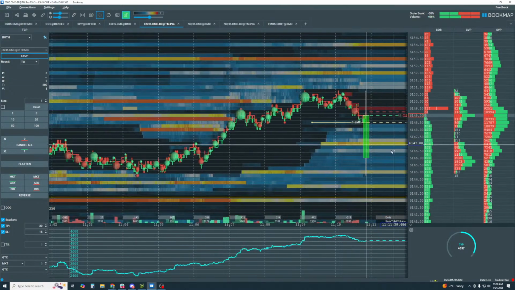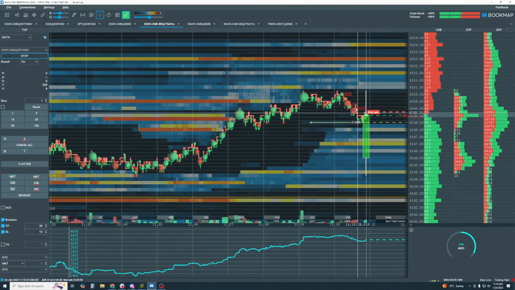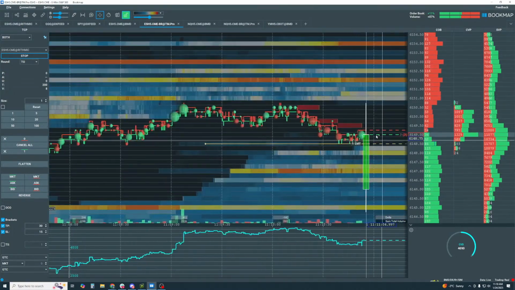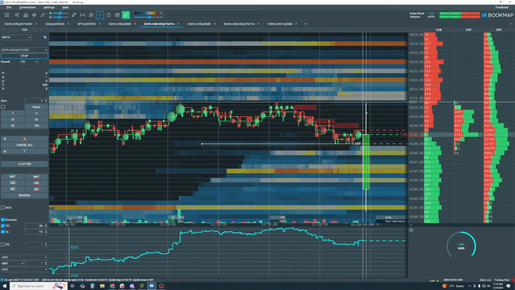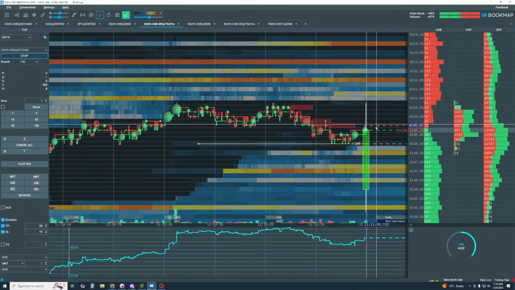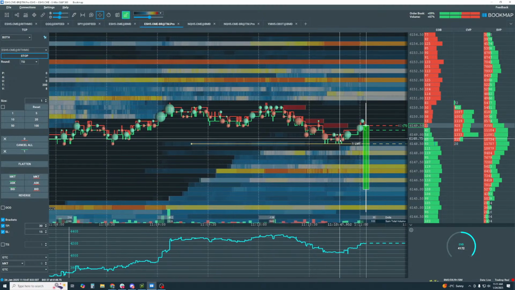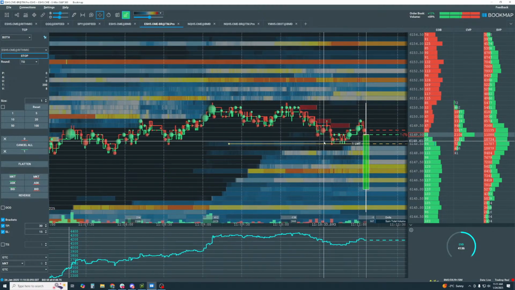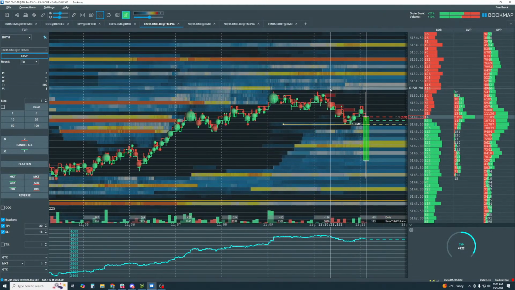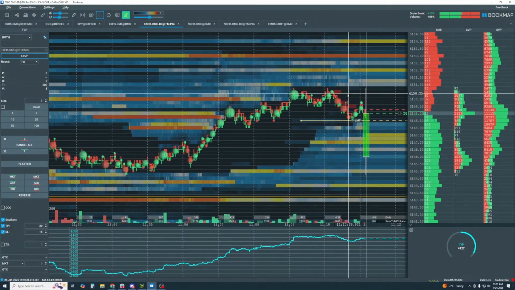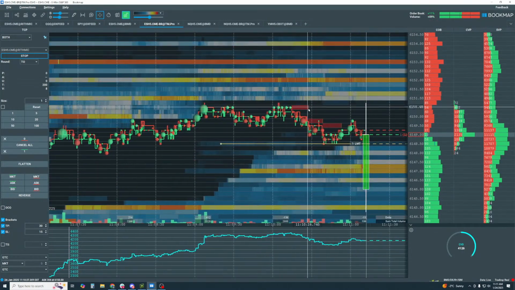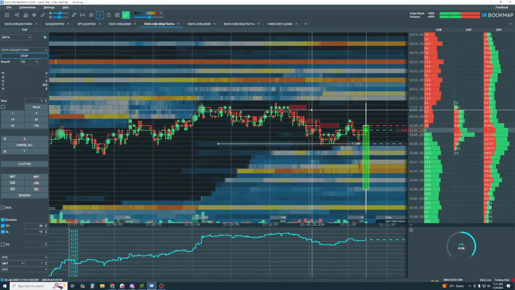Okay, now we're going to get probably our pullback here, and now he's lifted it. Okay, so now maybe the buyers now can float back up here. Now we didn't get our fill here yet. Okay, but see how this short-term liquidity kind of influenced that price.